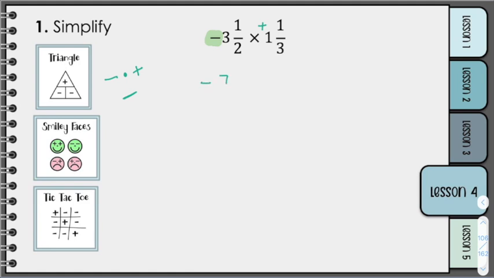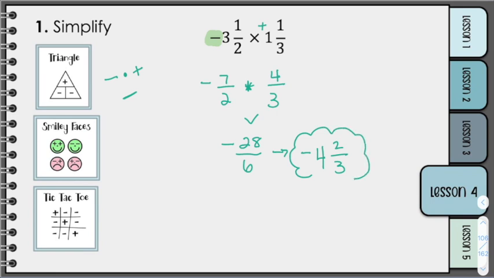I'll get -7/2 times 4/3, because 1 1/3 is 4/3. If I multiply this, I'm going to get -28/6, which will simplify to -4 2/3 simplified.